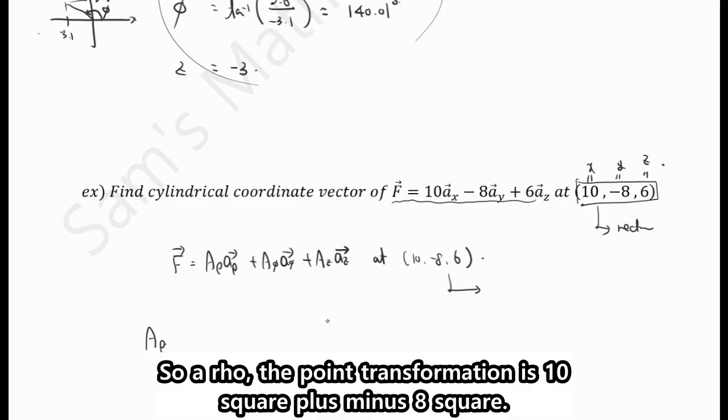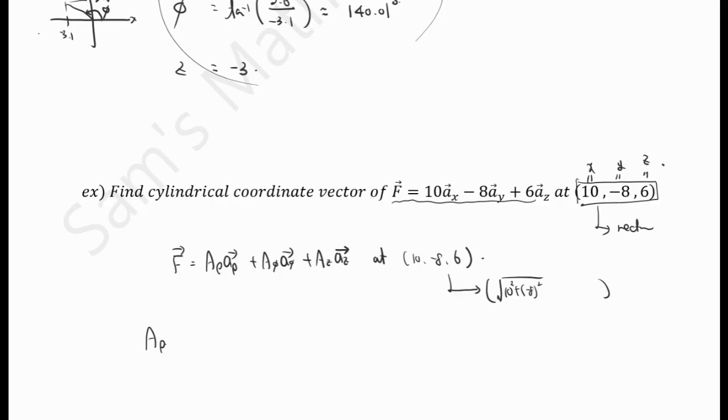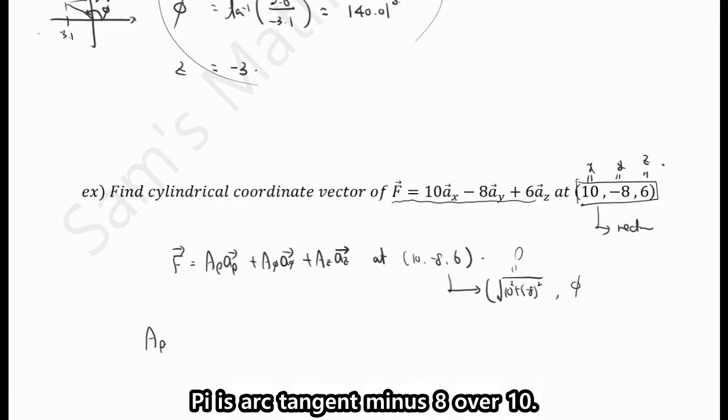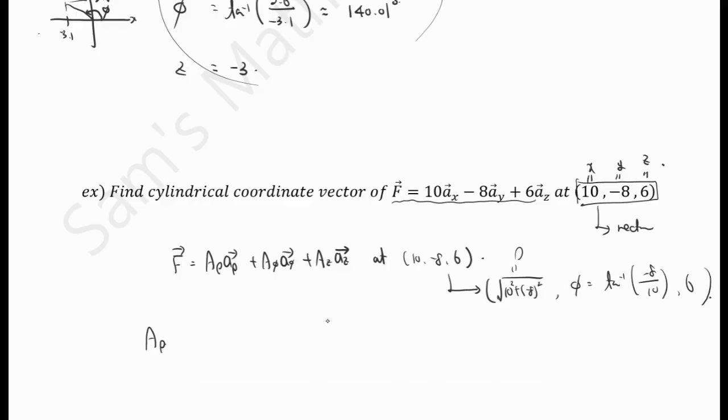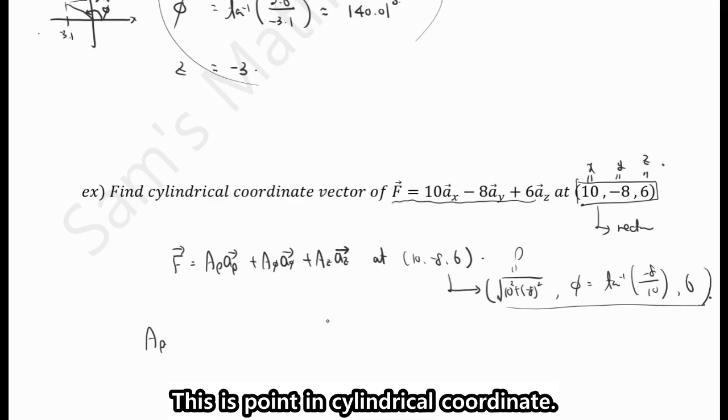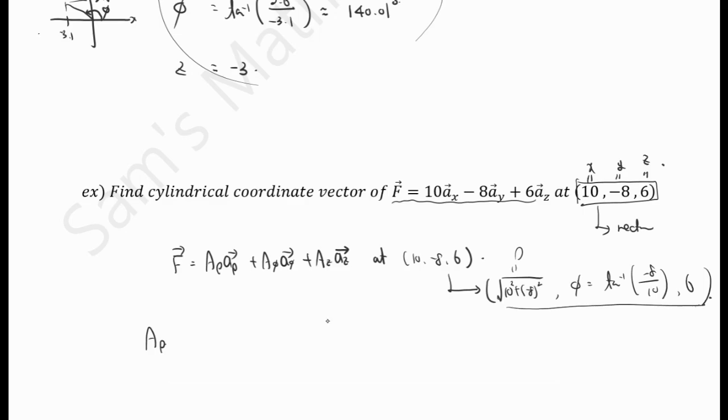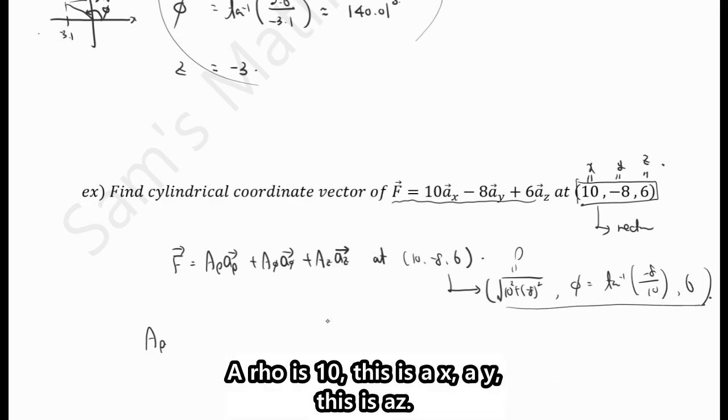The point transformation is rho equals the square root of 10 squared plus minus 8 squared, phi is the arc tangent of minus 8 over 10, z is 6. This is the point in cylindrical coordinate.